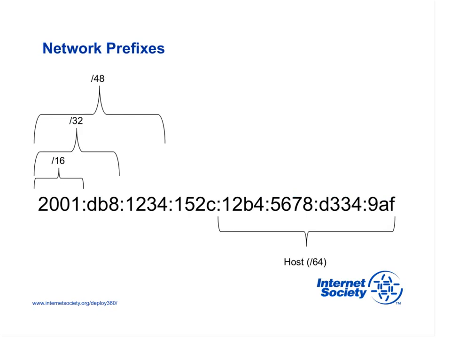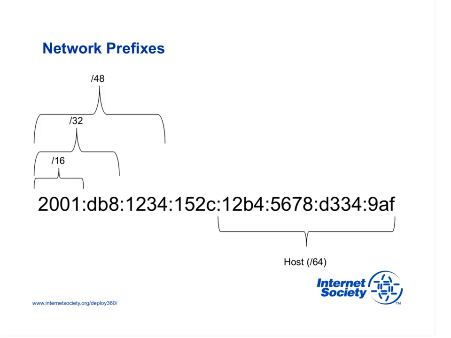Now, when we start talking about the prefixes, you've heard Kevin already talking about a /32, a /48, and that has to do with the number of nibbles in each part of the IPv6 address. The IPv6 address is 8 blocks of 4 hexadecimal digits. Each one of those represents 16 bits.